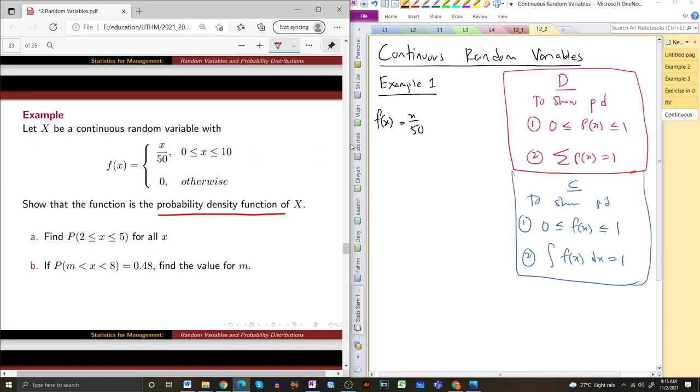But in continuous, they will give you an interval. That is the only difference between discrete and continuous. In discrete, all the variables are individual, one by one. In continuous, they give you the variable in an interval between two numbers, so it can take all the numbers between 0 and 10, something like that.